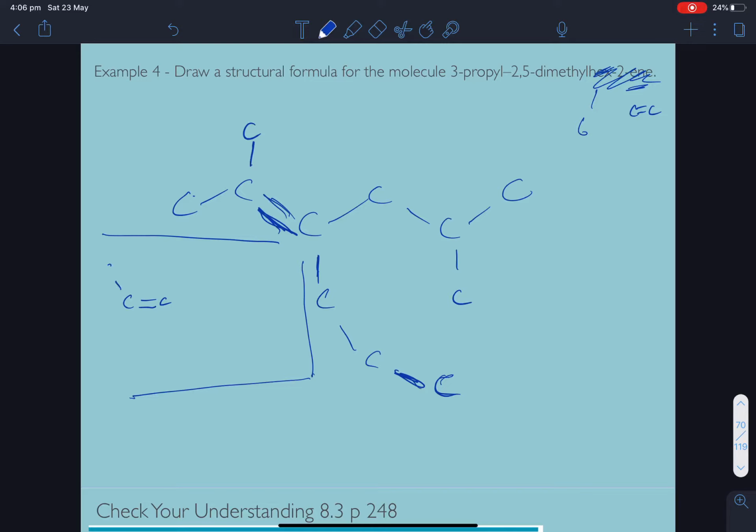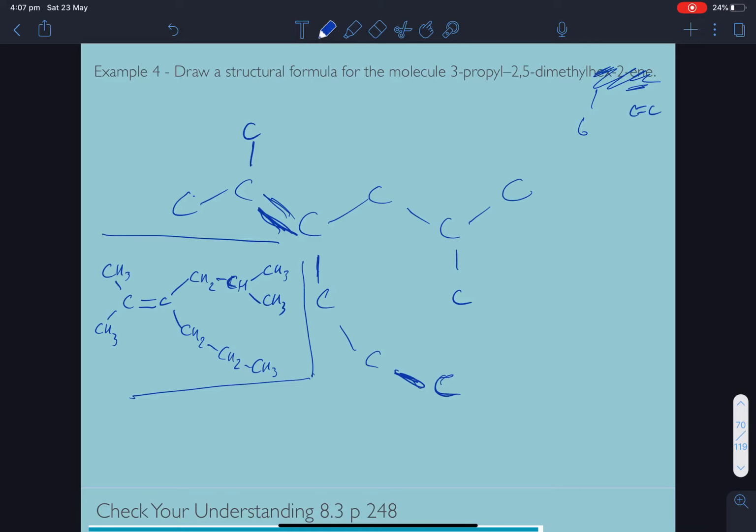So this is a CH3, and this is a CH3. Okay, and there's one coming off there, one coming off there. A CH2, CH2, CH3. And up the top way, there's a CH2, and then a CH, because it's already got 3 bonds. And off that is a CH3 and a CH3.